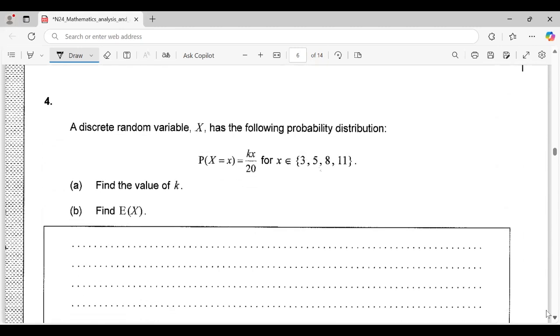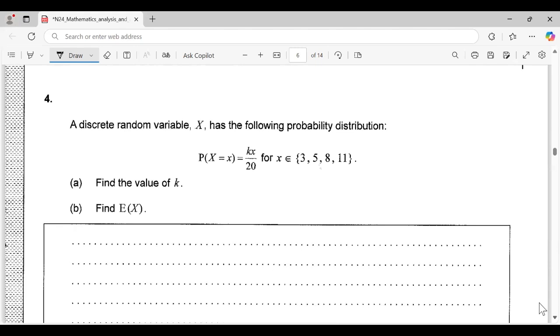Number 4, a discrete random variable X has the following probability distribution: P(X equals x) equals kx over 20 for x an element of 3, 5, 8, 11. Find the value of k.